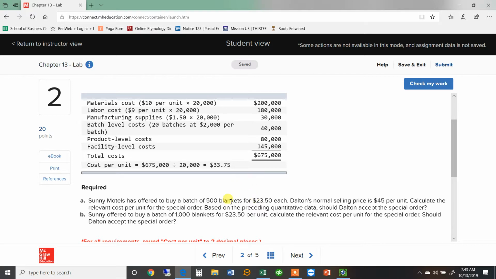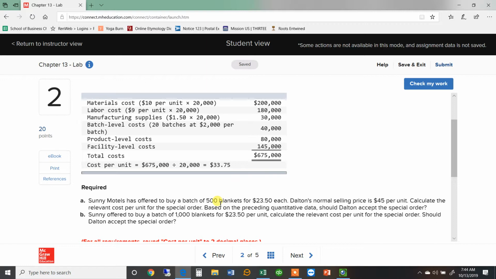But if I could basically avoid that cost, then that's going to be something that's relevant to me. I guess what I'm saying is if I have to pay the cost no matter what, whether I make these 500 blankets or not, then I'm not going to include that in my special order. If I can avoid the cost by making an additional blanket, then I would include that specifically in this special order.